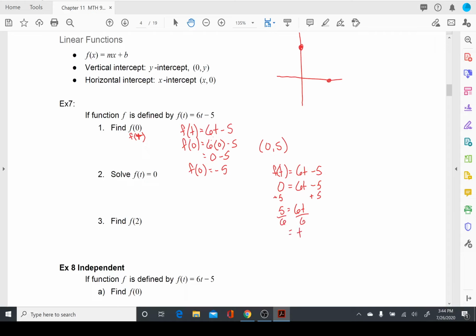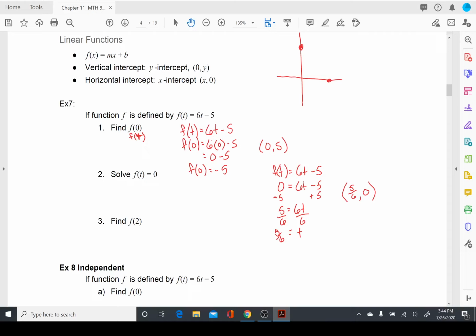And I like fractions. 5 sixths. Solve for f of t equals 0. That is my y value is 0, and my x value is 5 sixths. So 5 sixths, comma 0. That's the point we just found there.